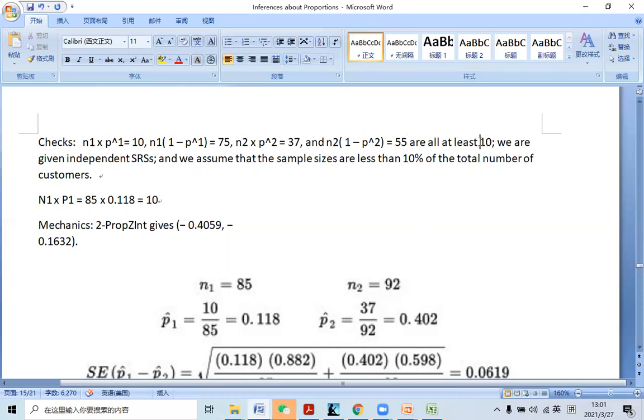They're all at least 10, although this one is kind of on the border. 10, that's okay. And also, we're given independent simple random samples. So simple random samples are a really important condition.